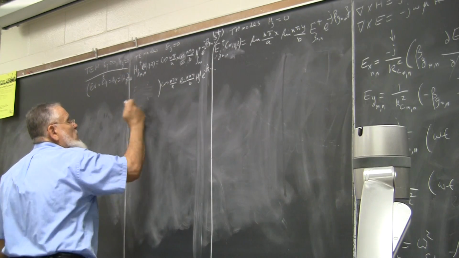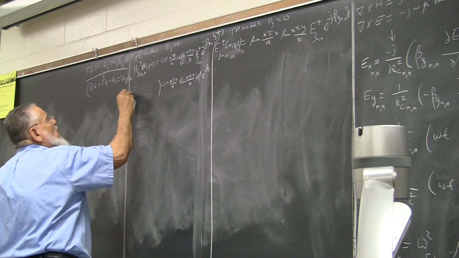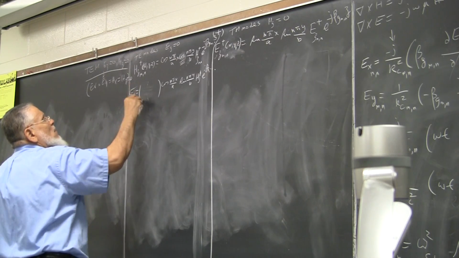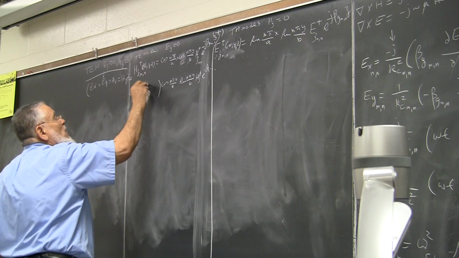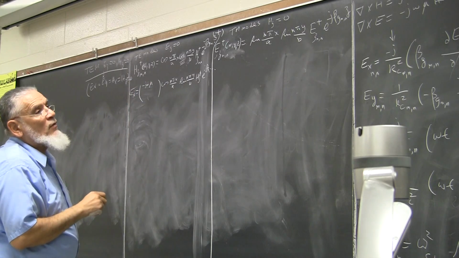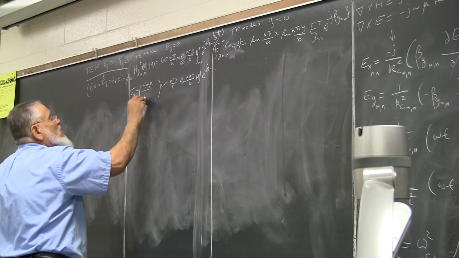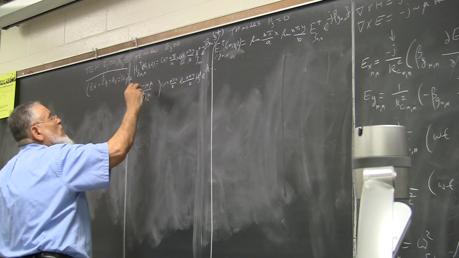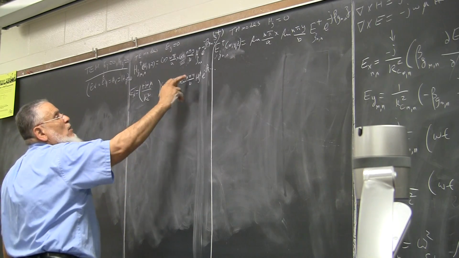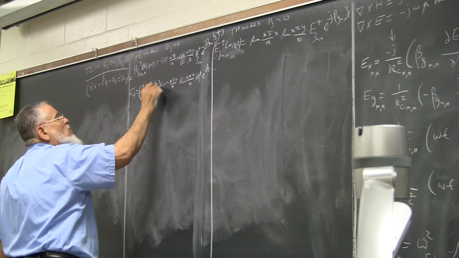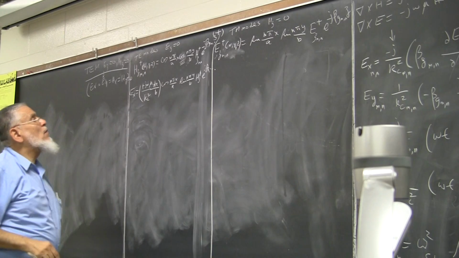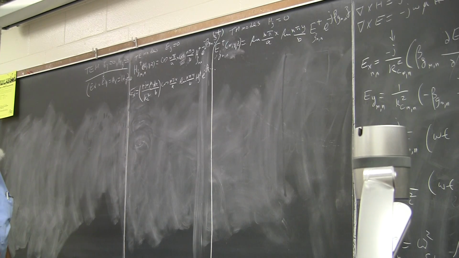Let me give myself some more space on the left here. Ex equals minus j omega mu over k sub c squared. I have a minus sign from the derivative that becomes plus, and I have n pi over b. Okay, that's your Ex.